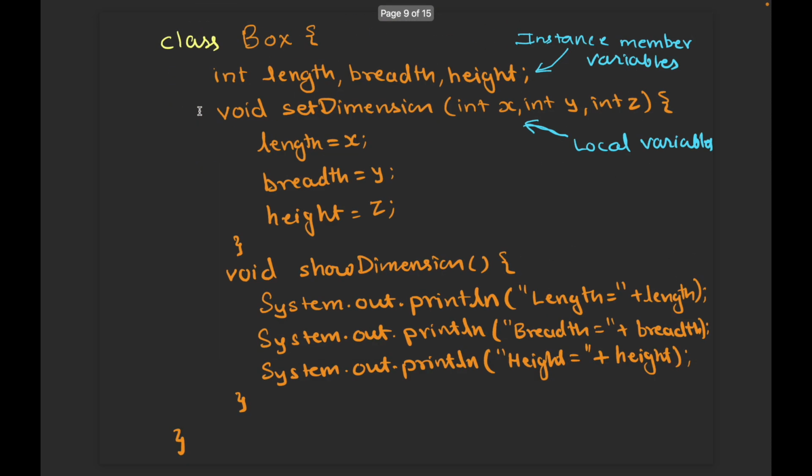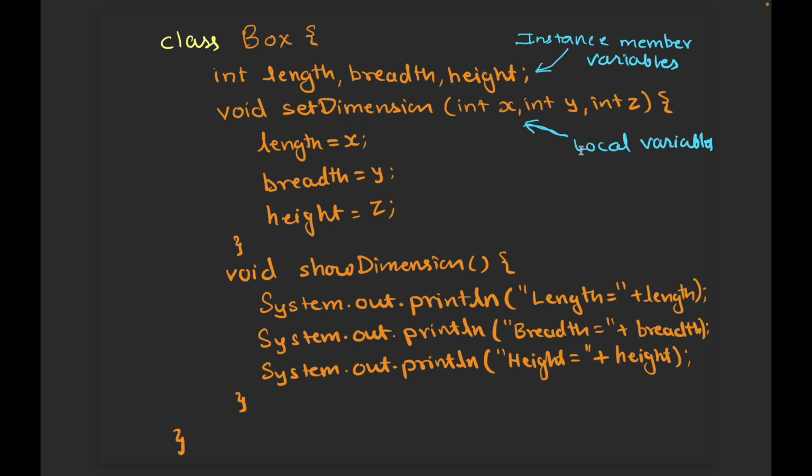So this is the solution of the example. I create one class with the name Box and define length, breadth and height variables, and all three are instance member variables. Then I create a setDimension method to assign the values of length, breadth and height.